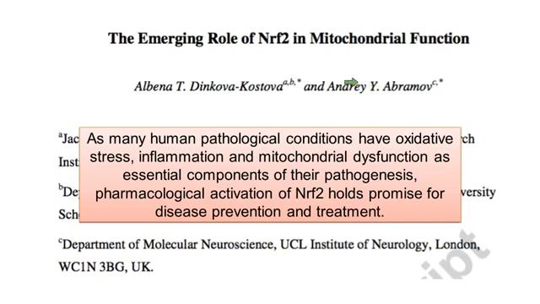So remember I mentioned how mitochondrial disease may play a critical role in many muscle diseases, heart diseases, and neurological diseases. And there's new evidence to suggest that activating NRF2 may have a protective effect there.